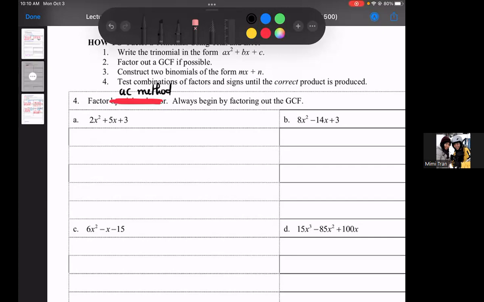I don't have GCF. I think we can just go ahead and factor it right away. Product is A times C, so 2 times 3 is 6. Sum is 5. Small numbers are easy.